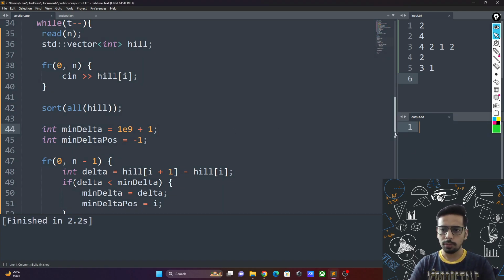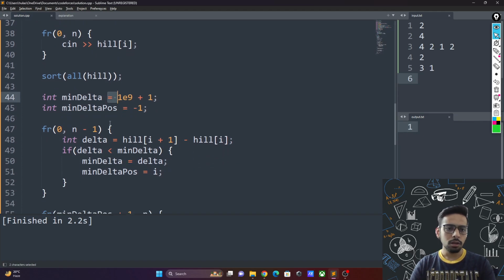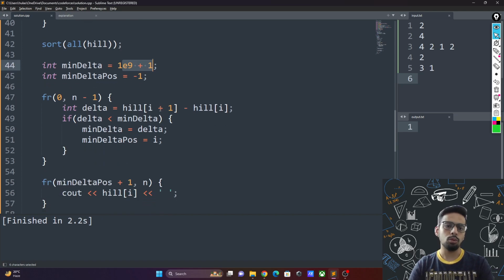Okay, still nothing got printed, which is fine. So I take the min delta as 1e9 plus 1. This should be fine. Then delta equal to hill i plus 1 minus hill at i. This should also be fine. Delta less than min delta.